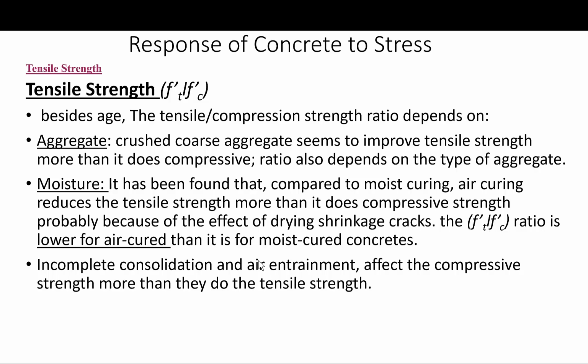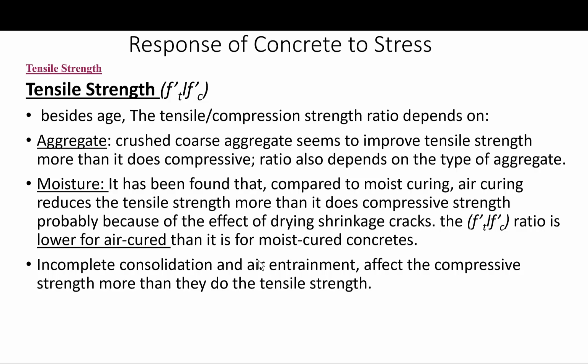So it has been found that, compared to moist curing, air curing reduces the tensile strength more than it does compressive strength, probably because of the effect of drying shrinkage cracks in this case. So the ratio of the tensile to compressive strength is lower for air cured than it is for moist cured concrete.